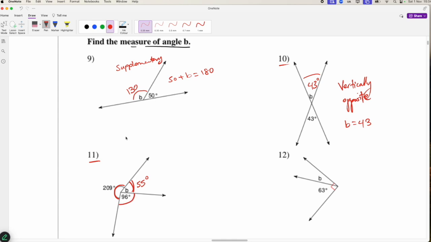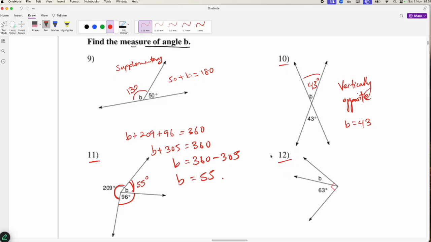So that means that 209 plus 96 plus B is going to be equal to 360. 209 plus 96 is 305. So B plus 305 is equal to 360. So B is 360 minus 305, which is indeed 55.